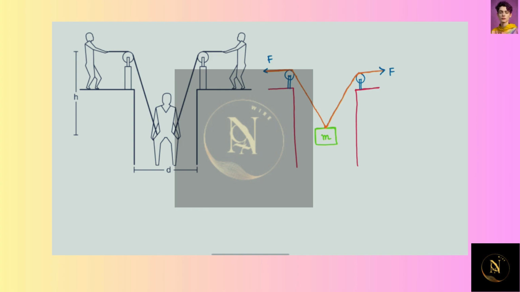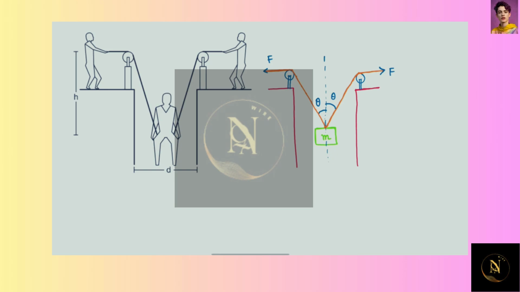Let's assume this is the middle line passing through the center of the block. If this angle is theta, then by symmetry this angle is also theta.